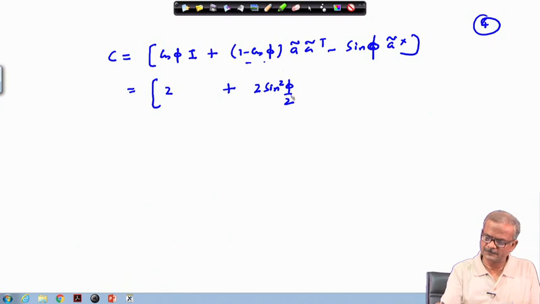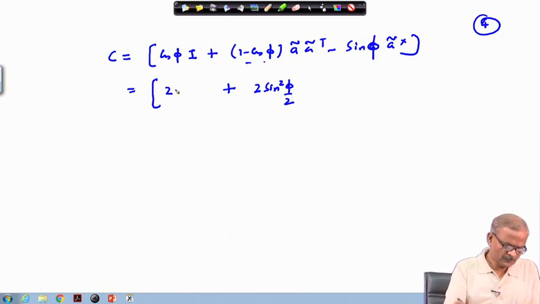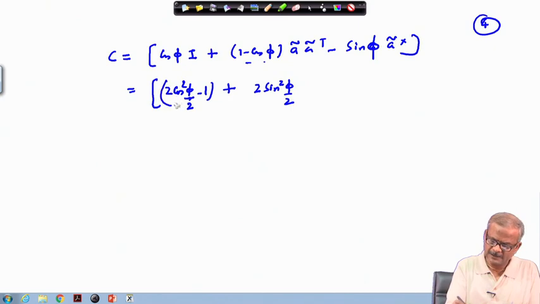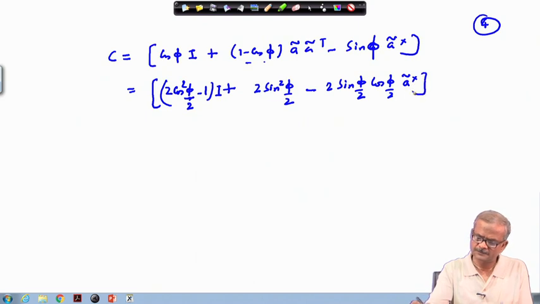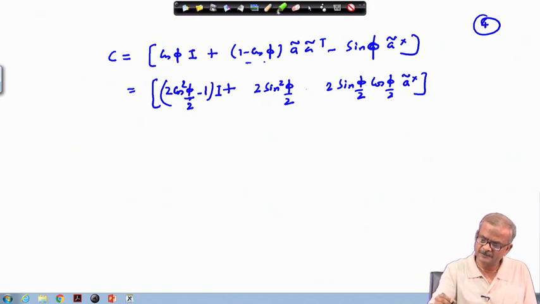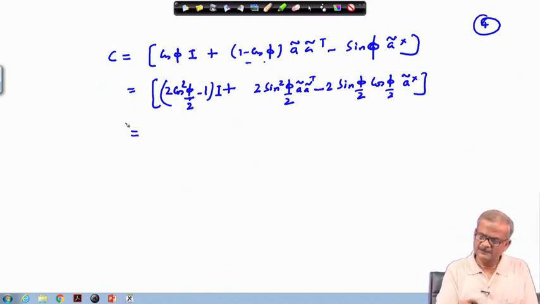Similarly, cos phi, this one, 2 cos square phi by 2 minus 1 times I. And this also, this will be equal to sin phi by 2 times cos phi by 2 times A tilde cross. And here of course, we are missing the part A tilde times A tilde transpose. And this can be rearranged in a proper way.